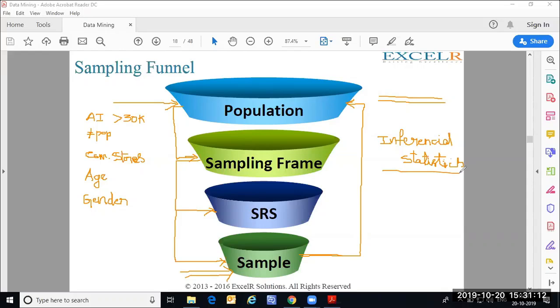To give you a hint: simple random sampling, stratified sampling, cluster-based sampling. Of course, we have not discussed the algorithms. Don't worry about cluster-based algorithms, sorry, cluster-based sampling. But still, just read about it. Okay.